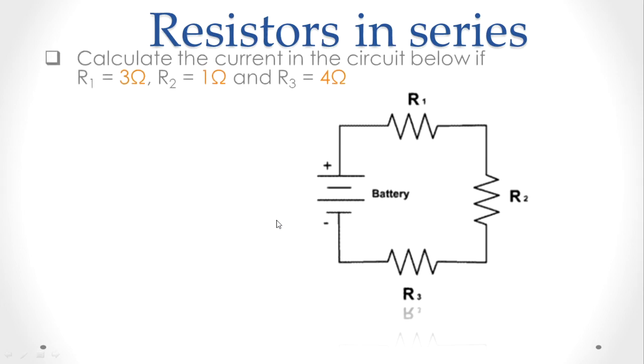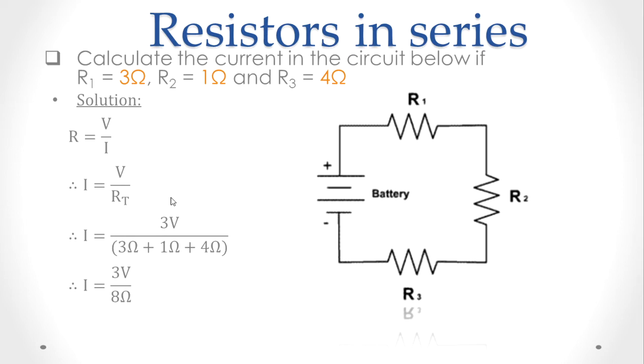Here's just another question. Calculate the current in the circuit below for these following resistors over here, and that's the respective resistances. We use this formula, we manipulate it so we can work out our current. You don't have to manipulate it first thing.